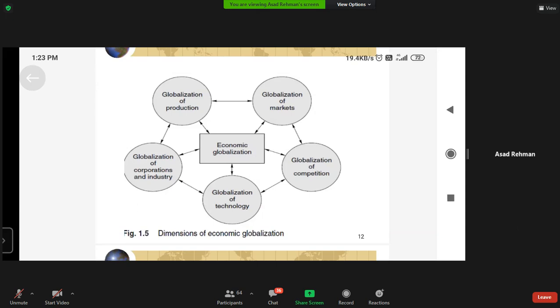They are now identifying those places where they can produce their products at the lowest possible cost, where there is cheap availability of raw material, the labor cost is low, and more importantly, that place is logistically suitable.